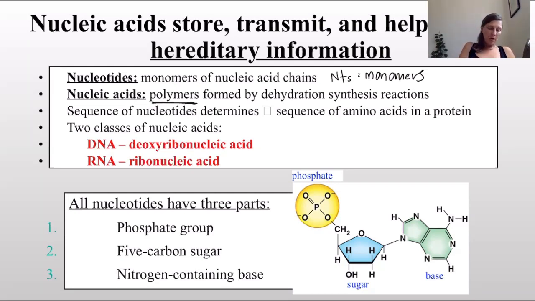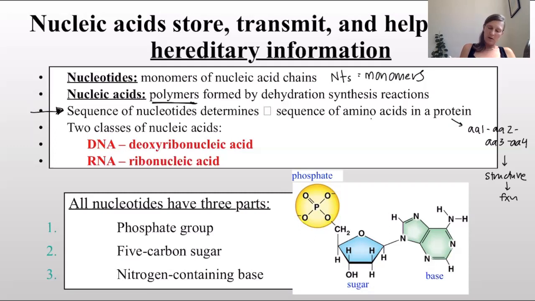Just like proteins, with proteins we had the sequence of amino acids. Depending on what amino acid you had, amino acid 1, 2, 3, 4, that kind of dictated the structure and the function. The similar thing happens with nucleic acids.